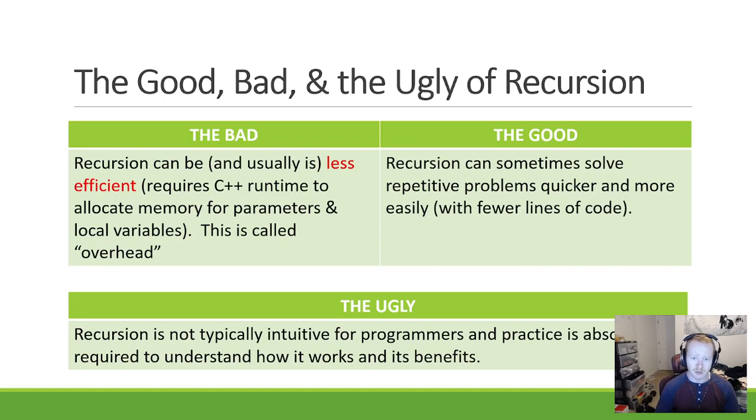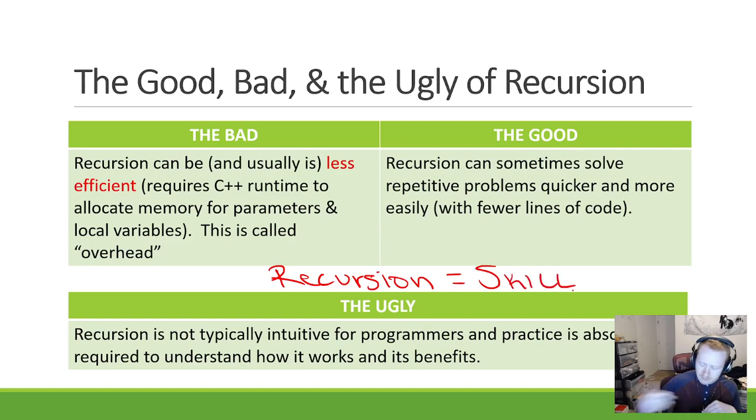The good part is recursion can solve easy code very easily, and it's compact. The ugly part of it is recursion itself. Recursion itself is a skill, and you have to learn how to think recursively. Some people have the knack at it, and others take more practice and more problems to do it.